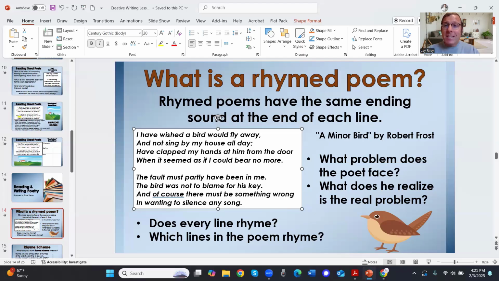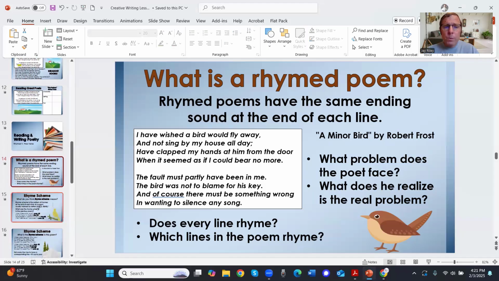So he realizes the real problem is just he's a little short-tempered. He doesn't know why he's trying to get rid of a bird that's just singing. He said, there must be something wrong in wanting to silence any song. So you shouldn't try to stop a bird from singing. Perhaps you should take the time to appreciate it.